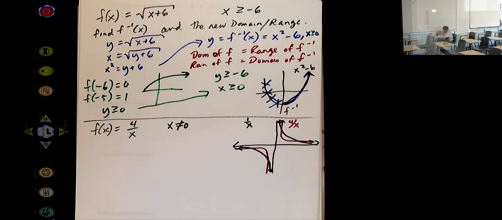What can y not equal on the graph? y can't equal 0.